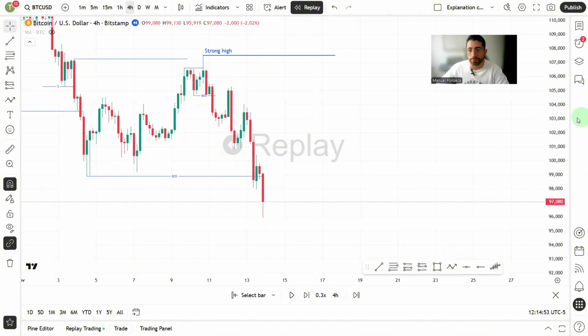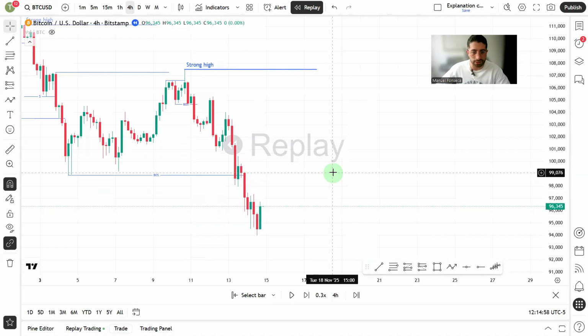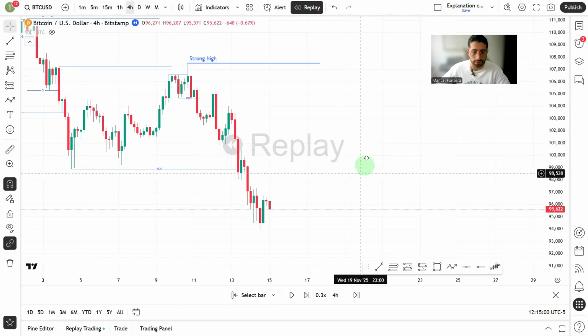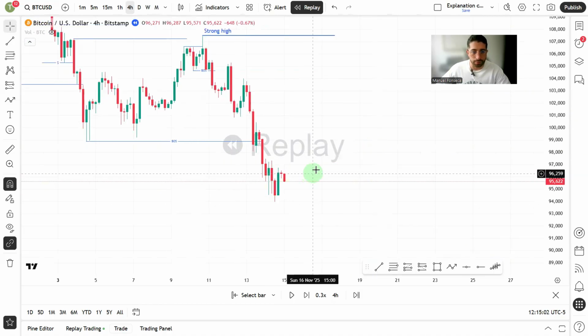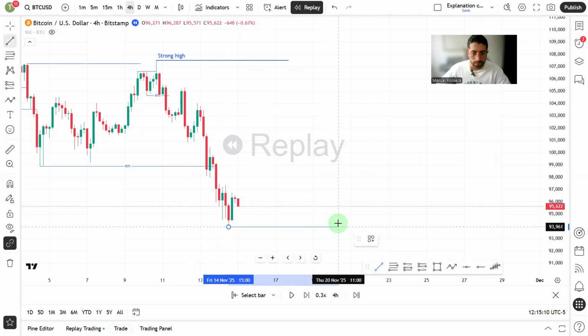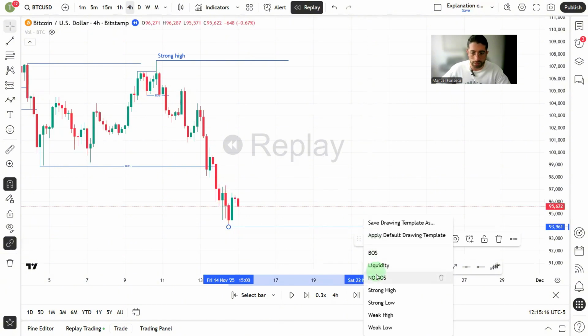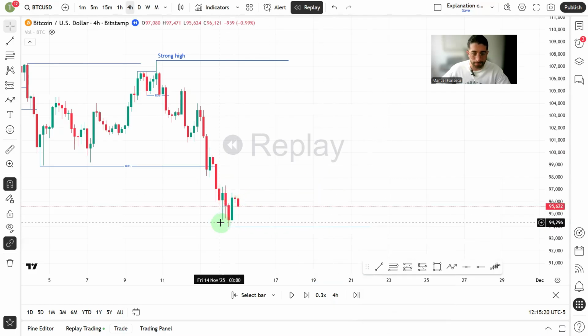Now we're going to do the same exercise, which is look at the end of the range, and with this we will have finished this video. So far, this high and this low will become our weak low. Now, question: can you spot the swing low where the liquidity is taken? Yeah, this one.